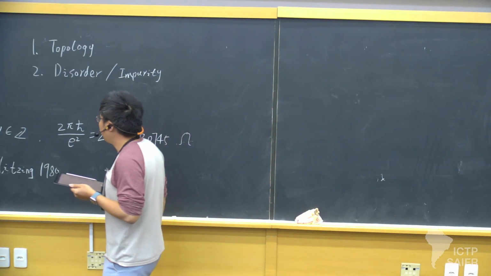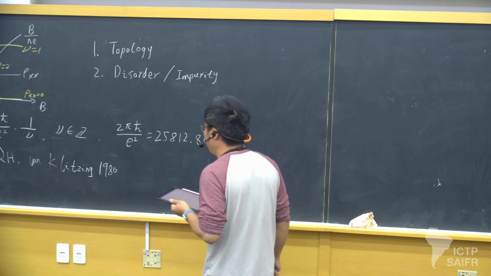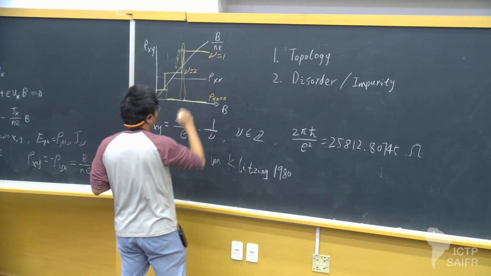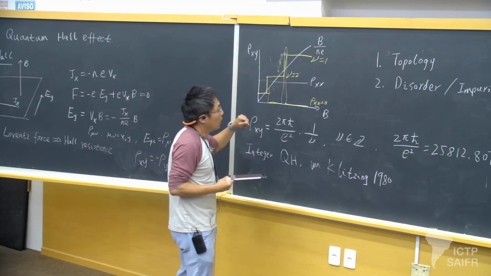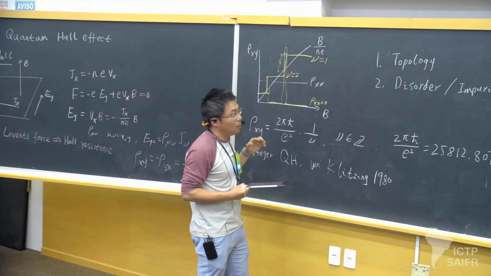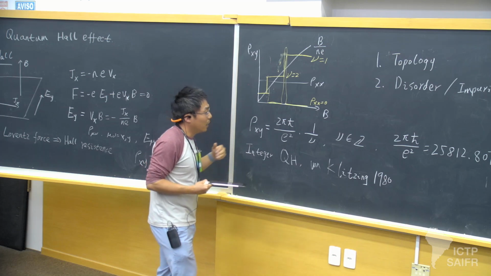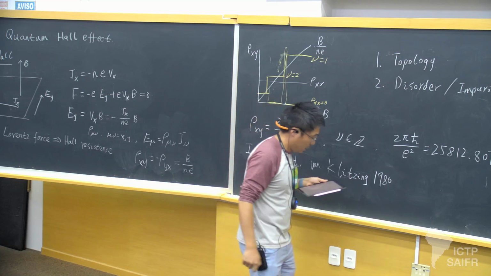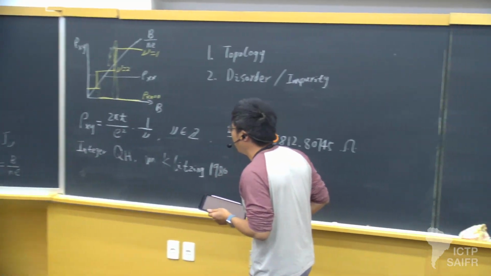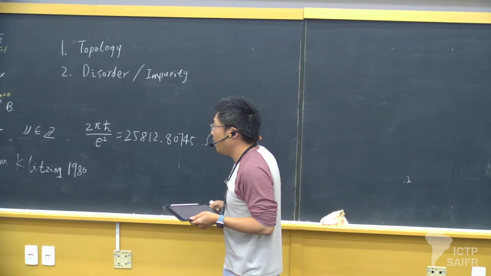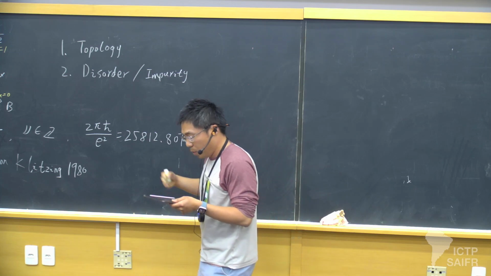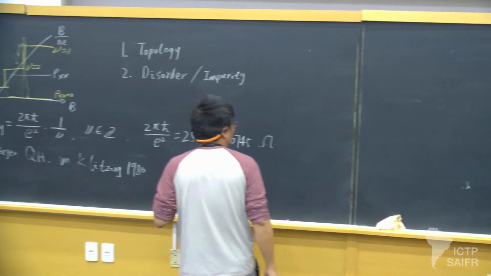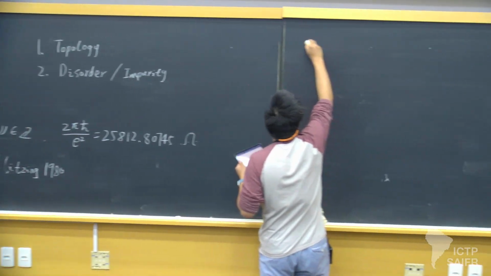Another thing that I would like to mention is that you can ask what will happen if I go to a larger magnetic field, right? Then I won't have an integer quantum Hall state, right? It turns out that if you go to a larger magnetic field and meanwhile make the sample a little bit cleaner, what you will find is the so-called fractional quantum Hall effect.